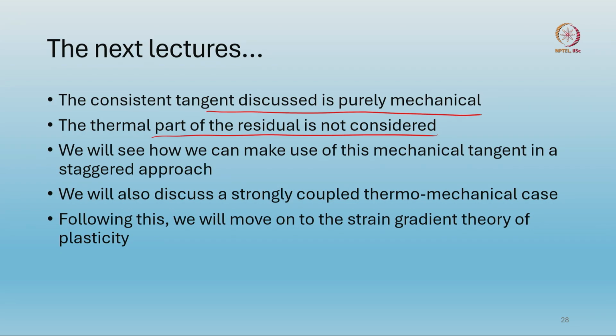But if we have to consider it, there are two ways. Let me make this clear. You can still use this same tangent stiffness, provided your thermal coupling is weak. You solve the mechanical part using the tangent stiffness we have derived, and then using the updated mechanical epsilon p, etc., you solve the generalized heat equation. That is your solution.